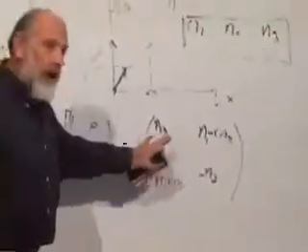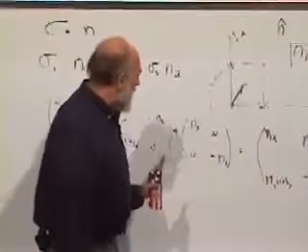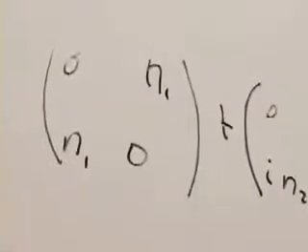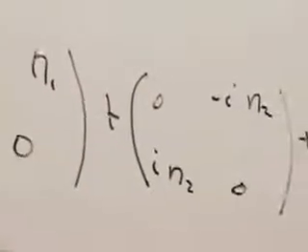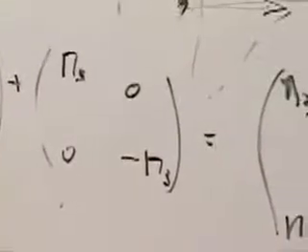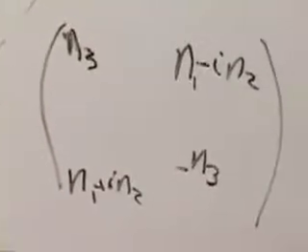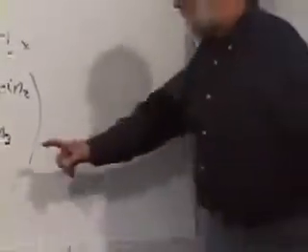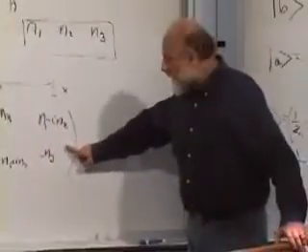And here is the operator that corresponds to measuring the components of spin along the direction n. So what's the experiment? The experiment is we take an electron and we put it in a magnetic field pointing along the n direction, and we see what we get, up or down. This is the operator that corresponds to that.